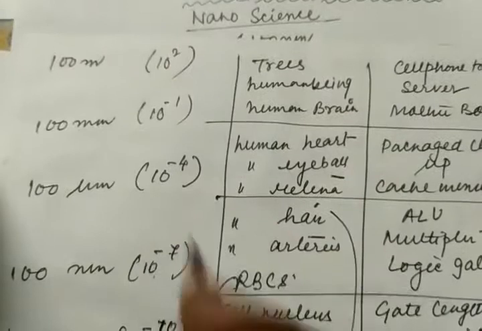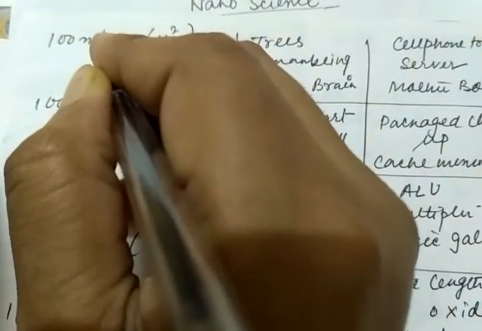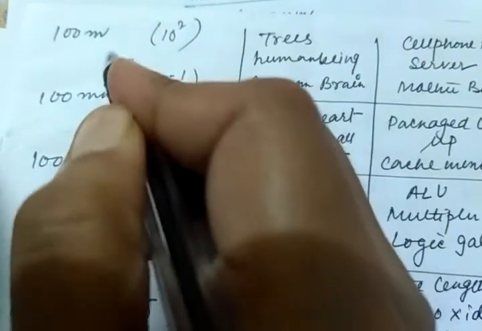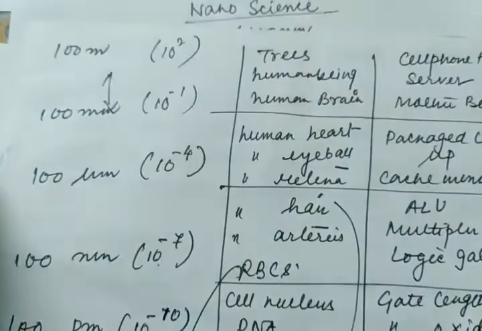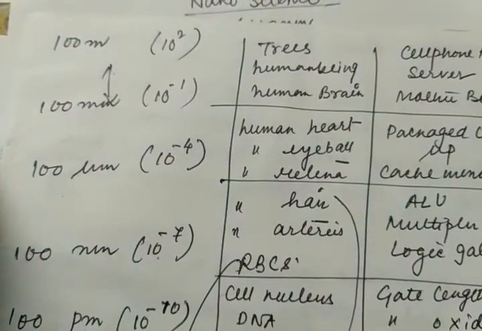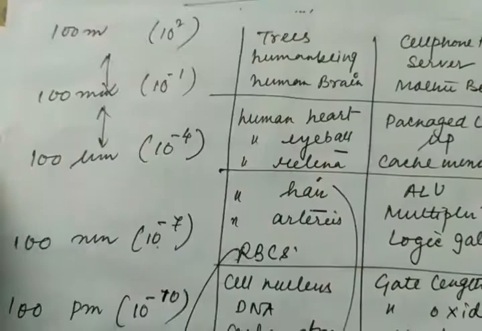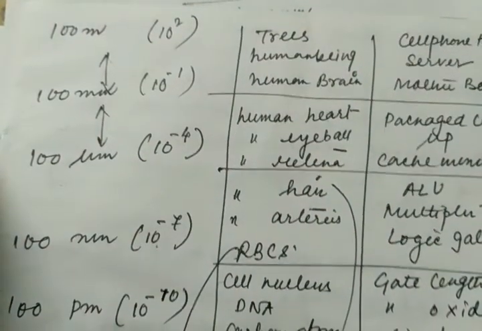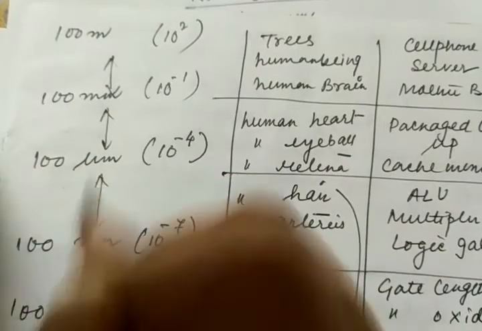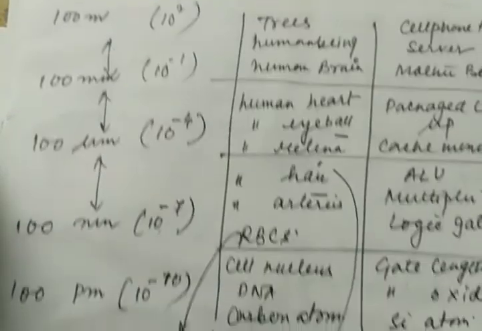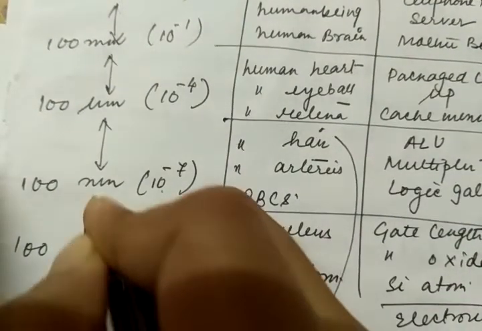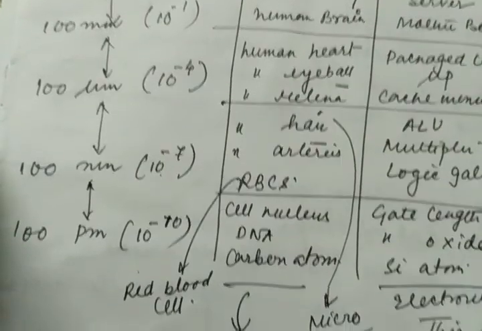Okay, so we can say that this kind of region is in between your macro technology, right? And this is the region in between your meso technology. This is the region in between your micro technology, and this is the region in between your nanotechnology, right?